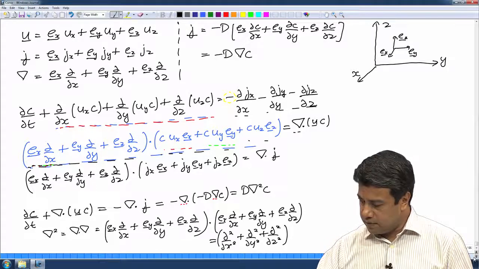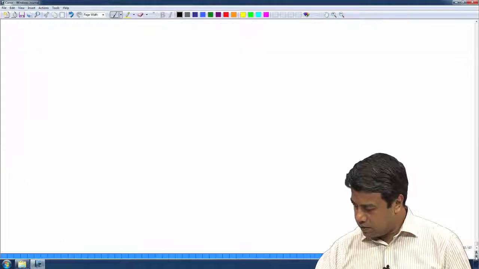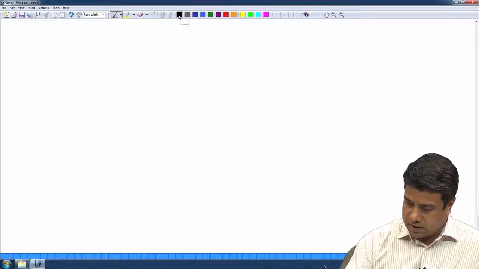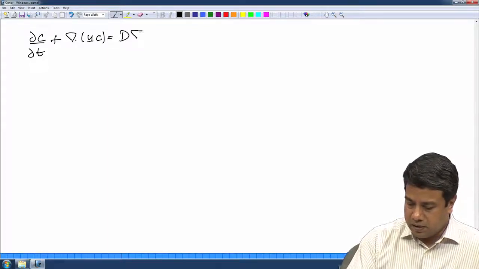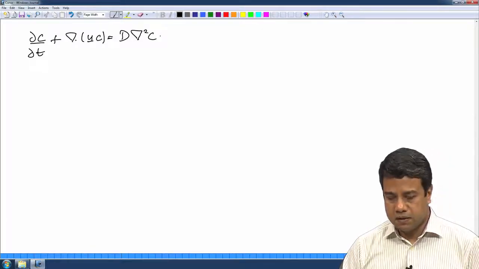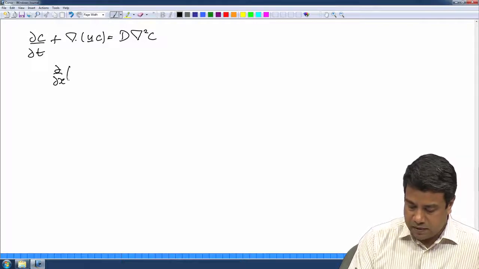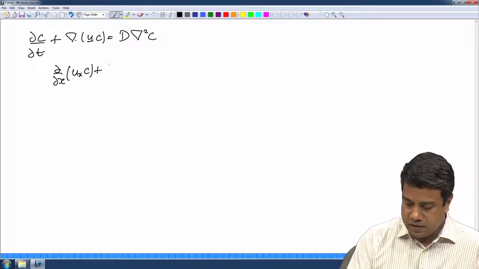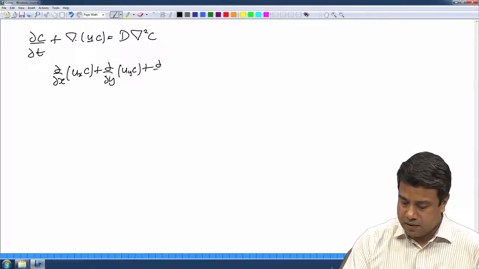So, in this vector notation, my differential equation has taken the form partial c by partial t plus del dot u c is equal to d del square c, where this del dot u c on the left side is partial by partial x of u x c plus partial by partial y of u y c plus partial z of u z c.